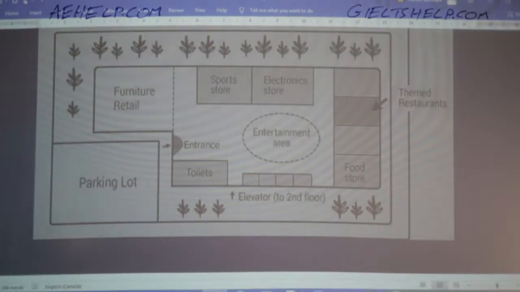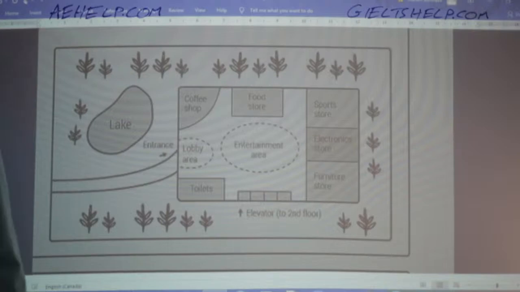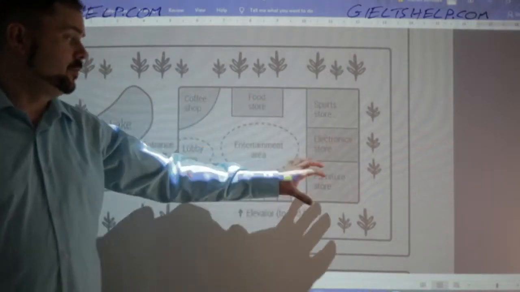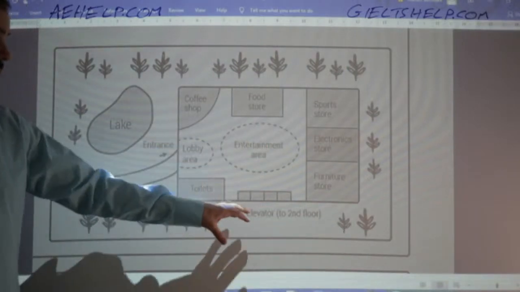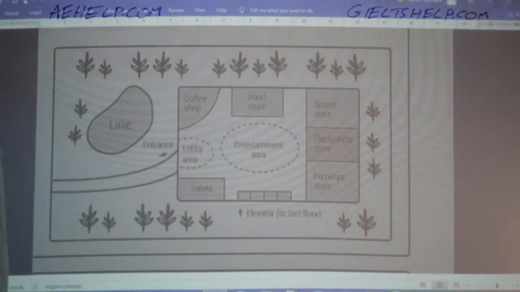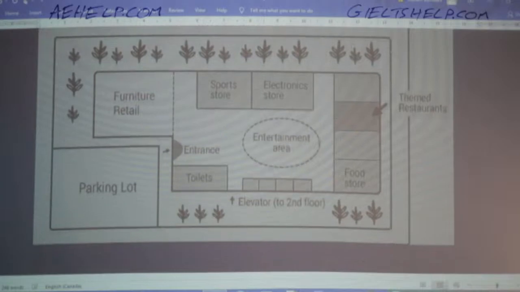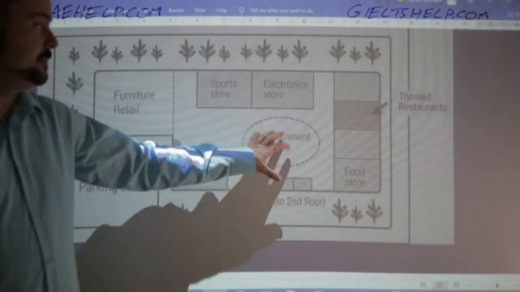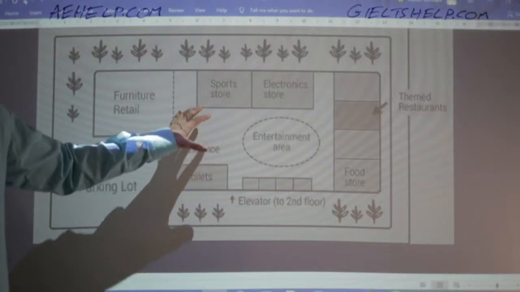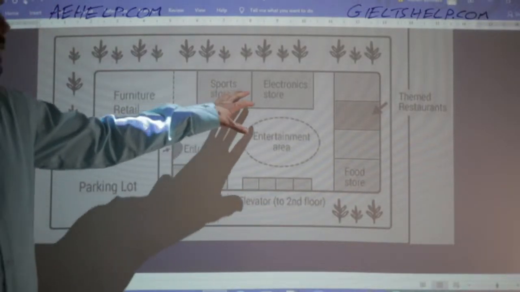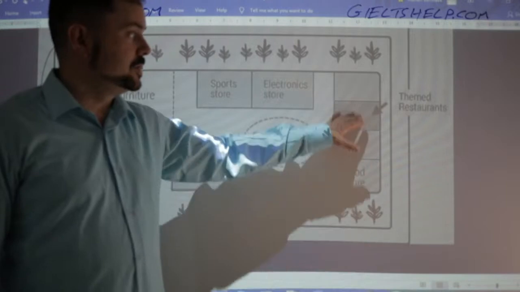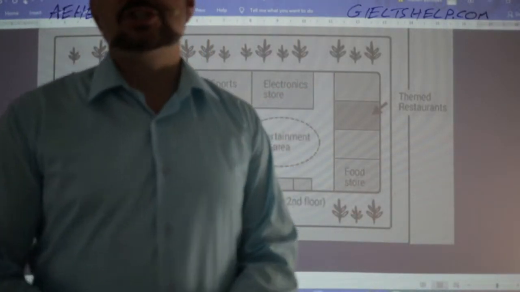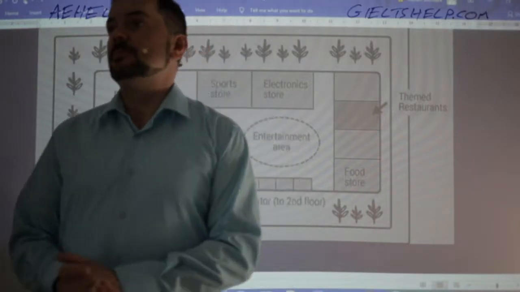And then, of course, I also noticed that internally here, we have some changes to these stores here, while the entertainment area, the elevators, toilets, they remain the same. So here the toilets are the same, the elevators are the same, entertainment area entrances are the same. But here the sports store, electronics store, and then the themed restaurants, those have changed. Okay, so those are all of the changes. That's what I'm going to have to report on.